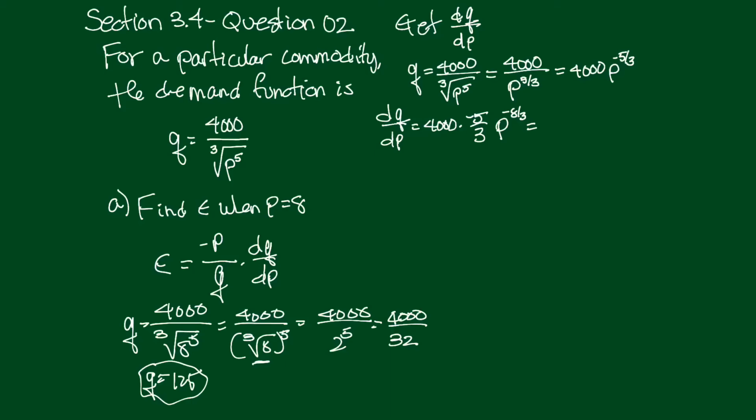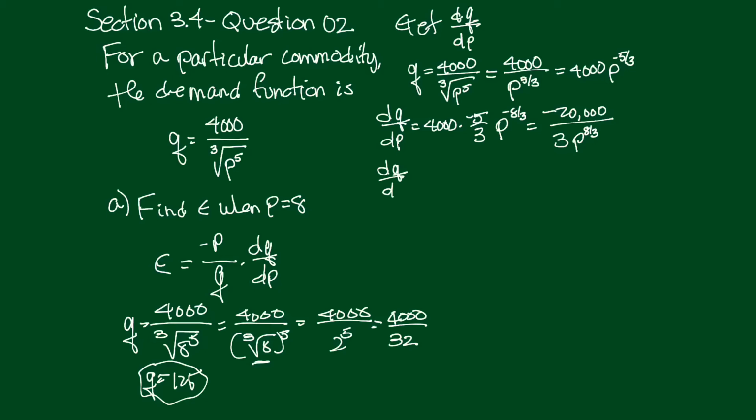And I'm going to rewrite that with a positive exponent, but I'm going to do this also. 4,000 times negative 5, negative 20,000, over, now I got the 3 down here already, right? The 3 is in the denominator already. Now drop this down and write it as P to the positive 8/3.